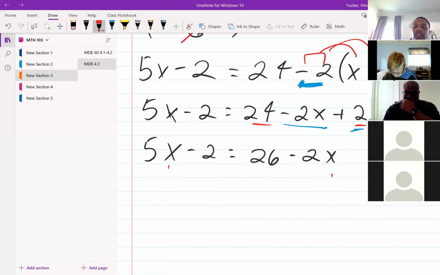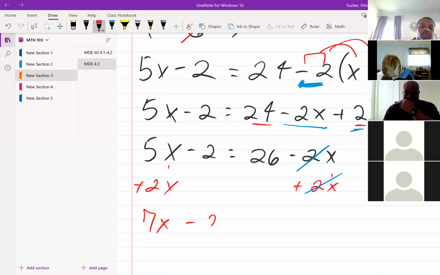All right. So let's add 2x to both sides. That'll be 7x minus 2 equal to 26.